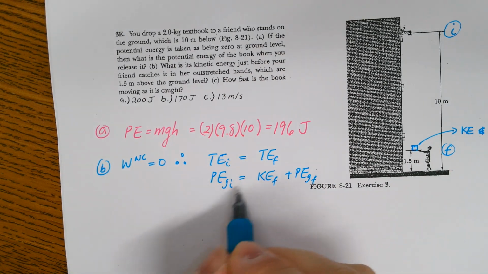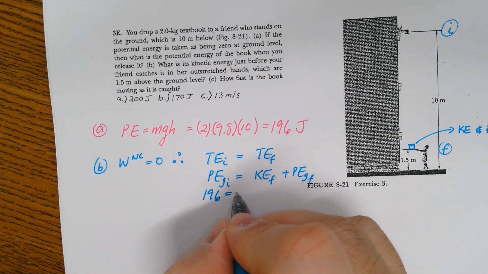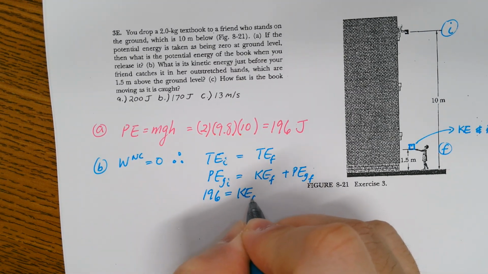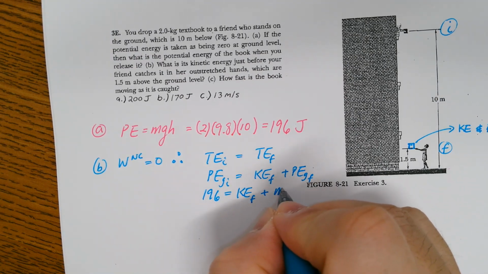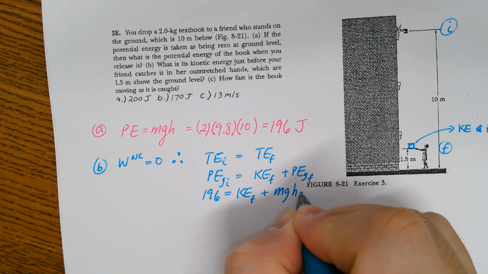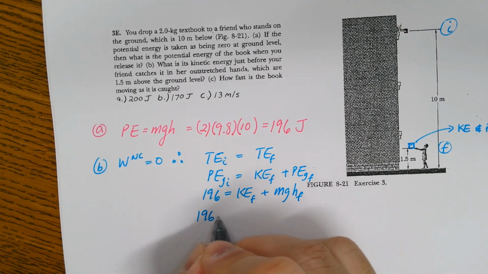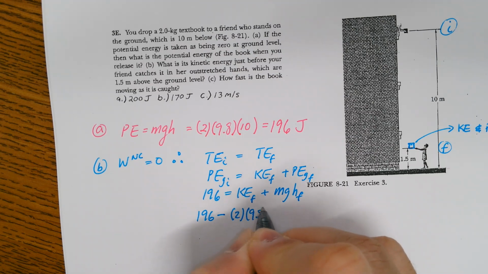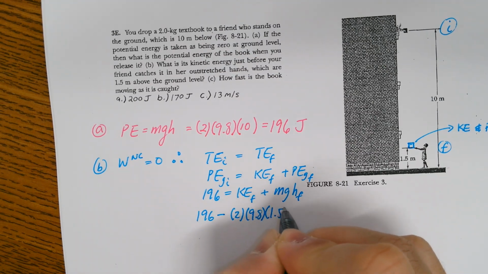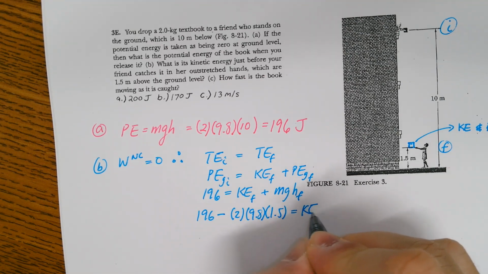We already know what this is. This is 196. So kinetic energy final plus potential energy, which is mghf. So 196 minus 2 times 9.8 times 1.5 is equal to kinetic energy final.